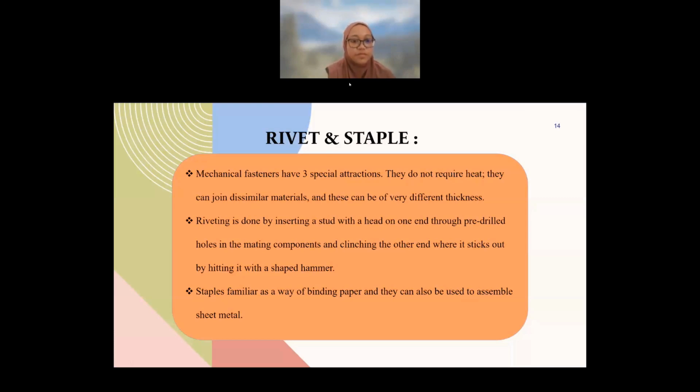Next, riveting is done by inserting a stud with a head on one end through pre-drilled holes in the mating components and clinching the other end where it sticks out by hitting it with a shaped hammer. The stapler family is a way of binding paper, and they can also be used to assemble sheet metal.